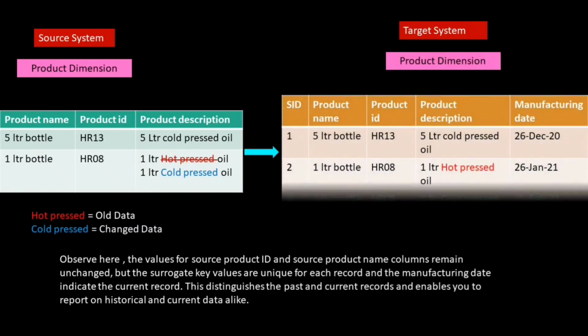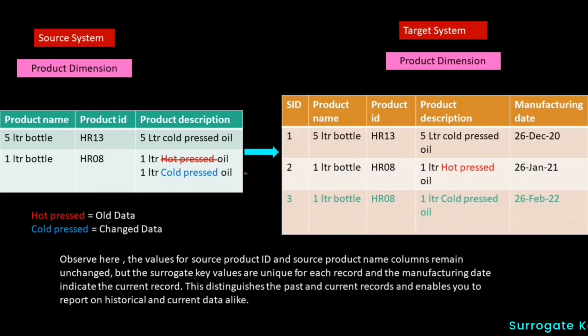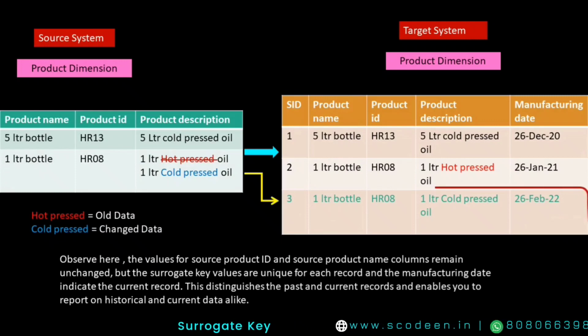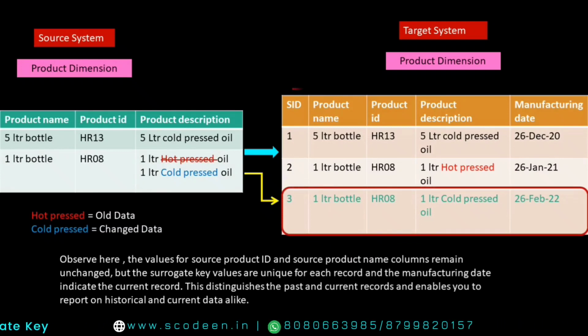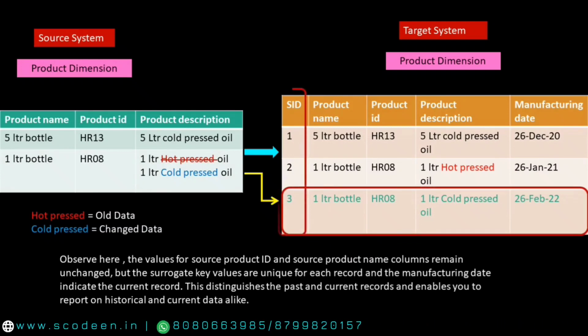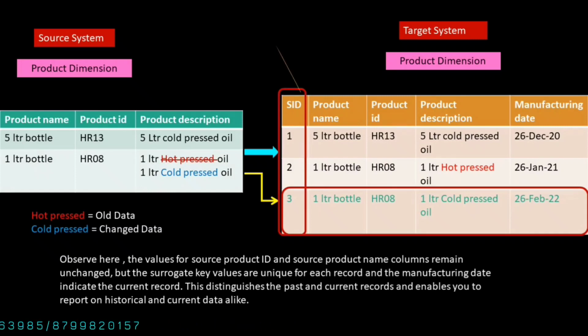In the target system, that is the product dimension table, we can observe that the hot pressed oil remains in record 2. In record 3, a new row is inserted for cold pressed oil. We can observe the manufacturing date describes the information. So here we can implement the surrogate key.